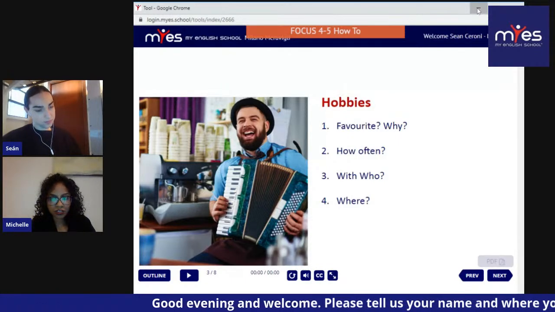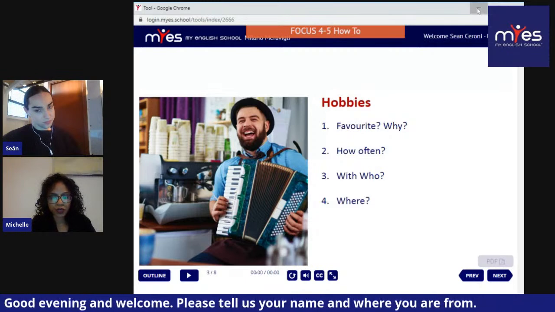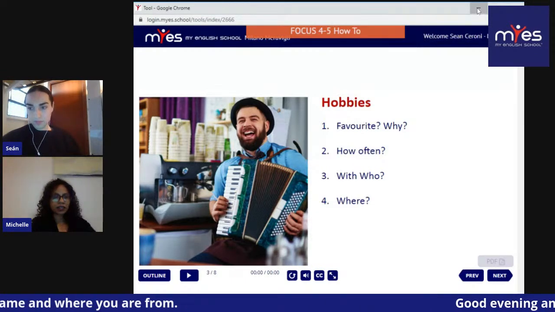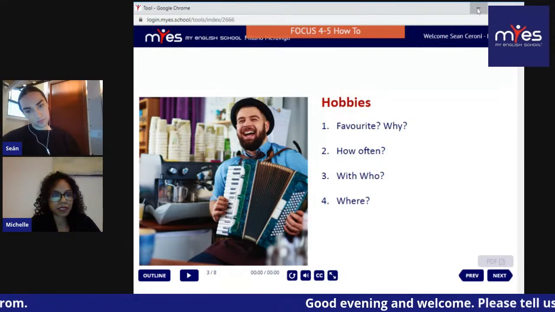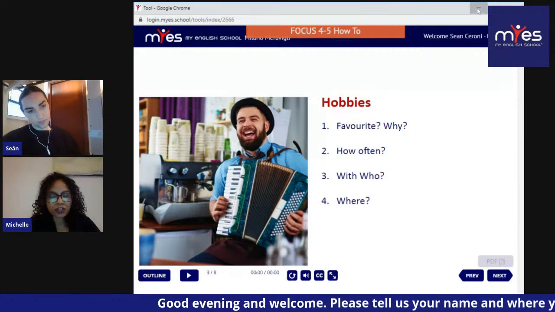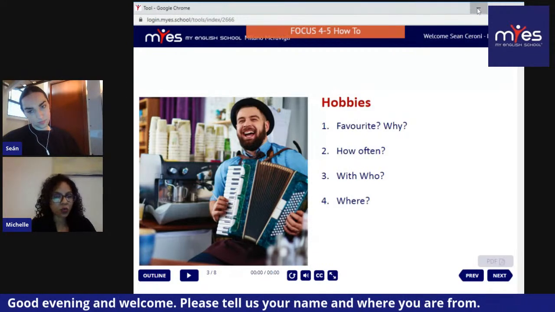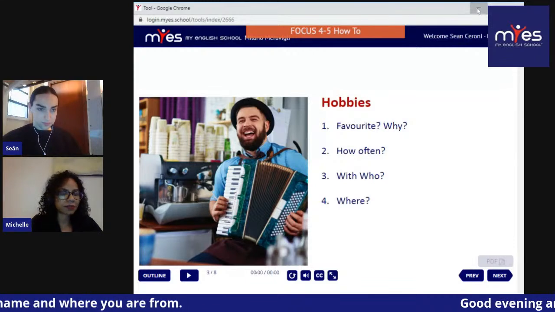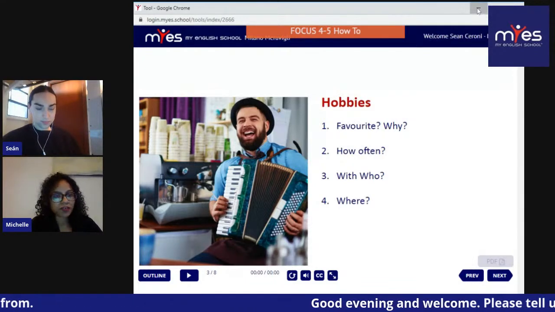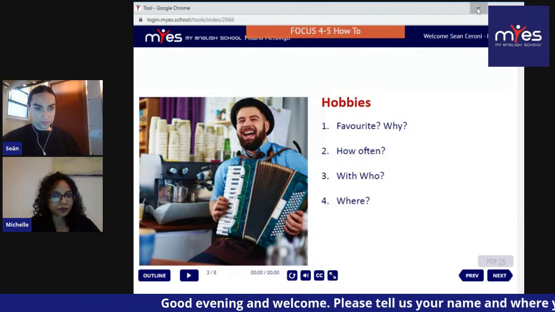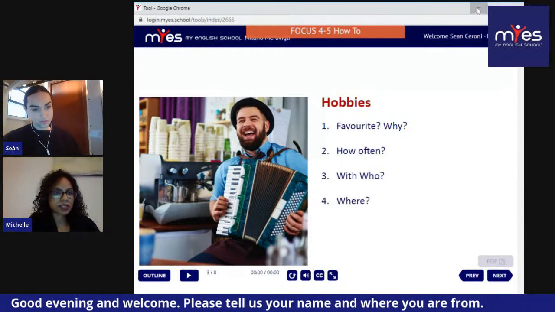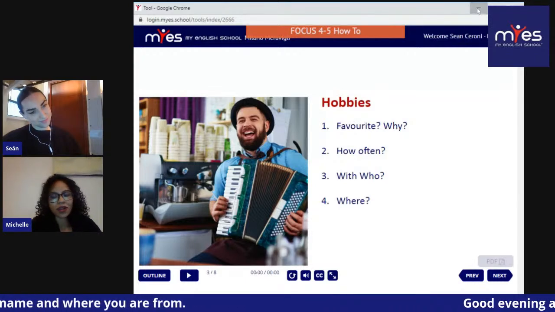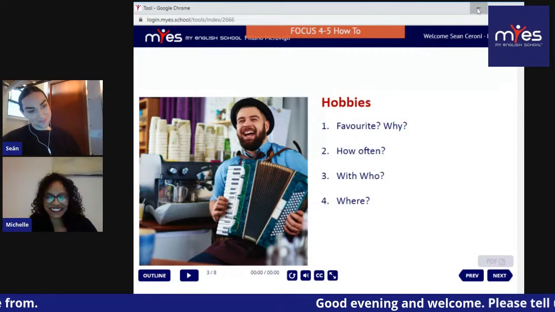We have which, which is for choice. So, which can be a little confusing for non-native speakers. We use which when you have more than one option and you have to pick one. For example, which ice cream flavor is your favorite? So you have chocolate, strawberry, vanilla, mango, and you pick one.